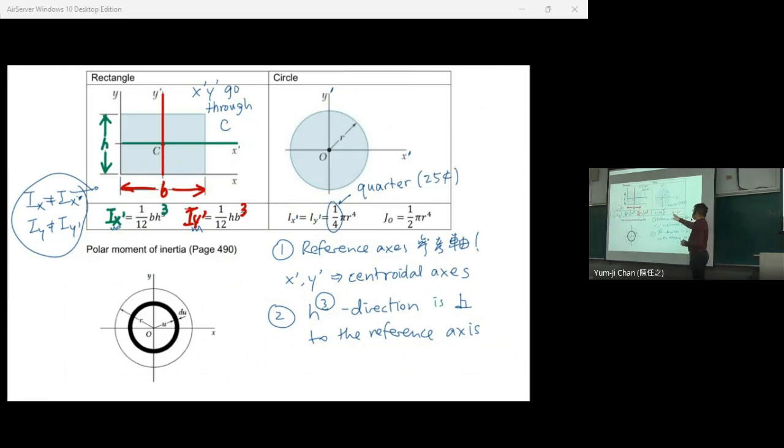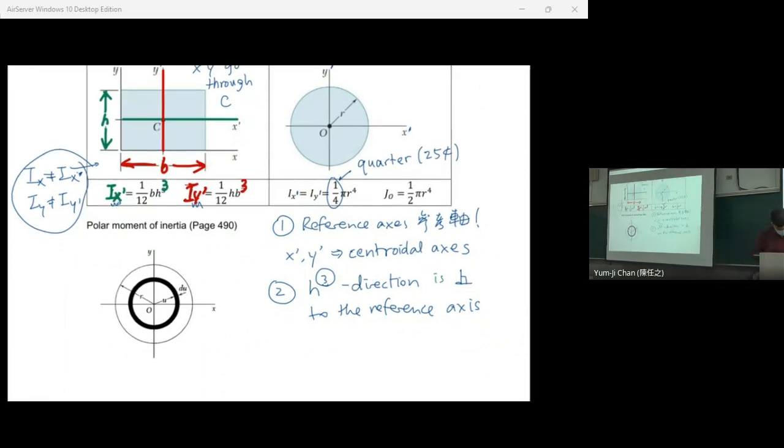Now we have this one. What is this? This J0 is called the polar moment of inertia.